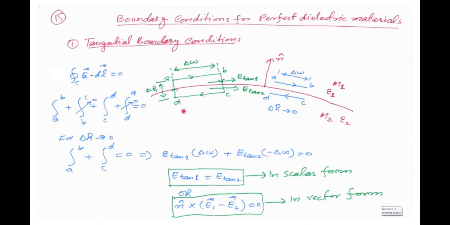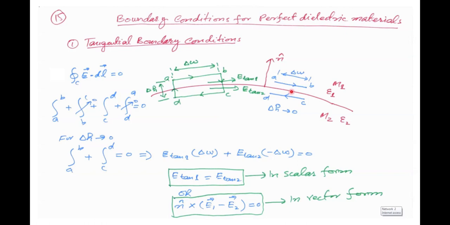In order to obtain the tangential component of electric field in medium 1 and medium 2, we must move very close to the interface. For that purpose we use the approximation that when delta H tends to 0, the contribution due to path B to C and path D to A vanishes.